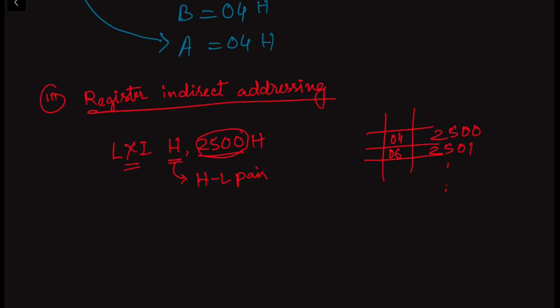So what will happen after executing this instruction LXI H, 2500? The HL pair will be loaded with this 2500H data, which is the address. Here you have to understand that H will be loaded with 25 and L will be loaded with 00.